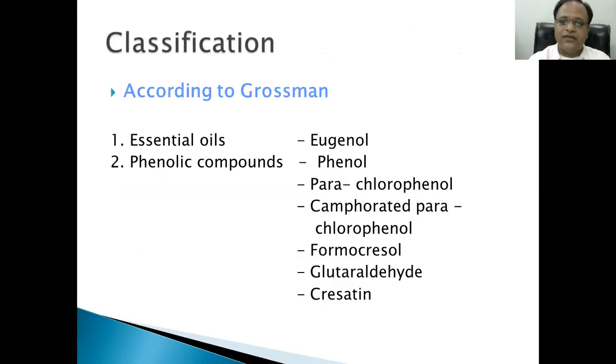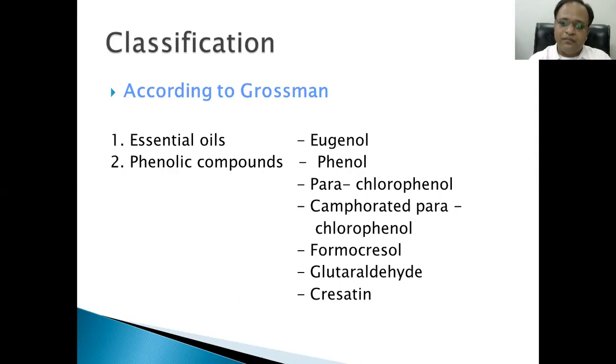So commonly, how are they classified? A classic way of categorizing all these is given by Grossman. The first is called essential oils, and eugenol is one of the best examples for that.